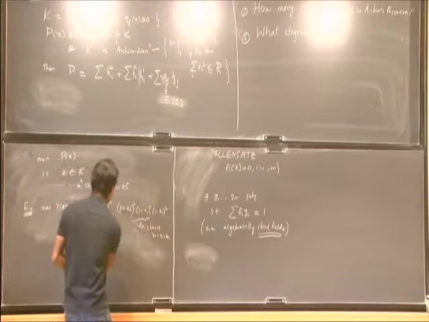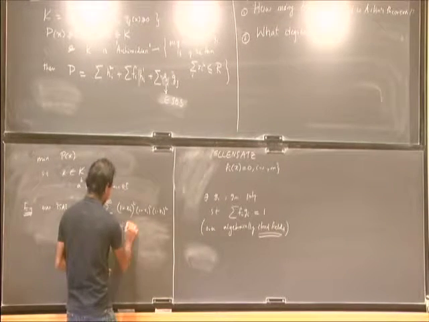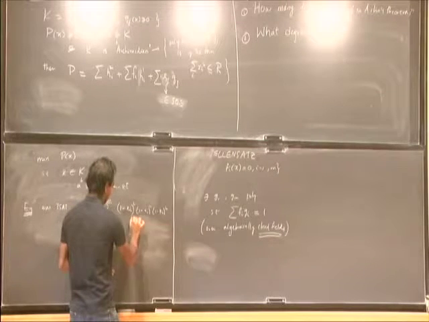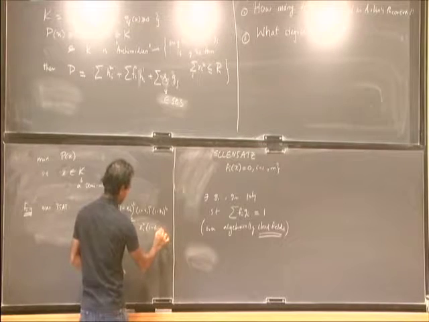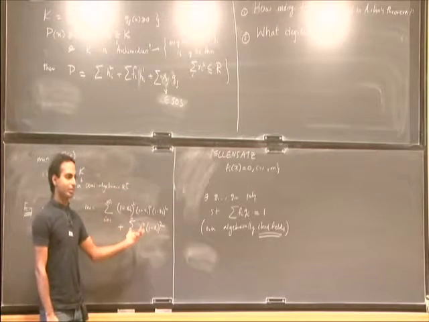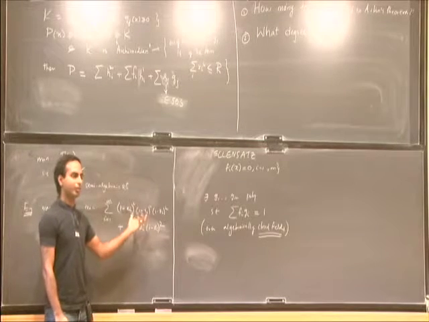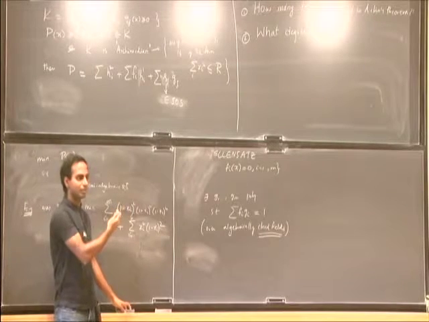For instance, I could just add the sum over i equals 1 through n of a term. Okay. So if there is a satisfying solution, then this will be 0. If not, it won't be 0.